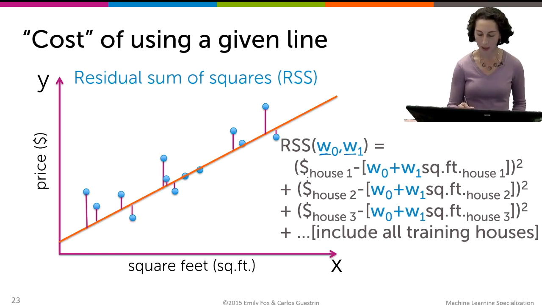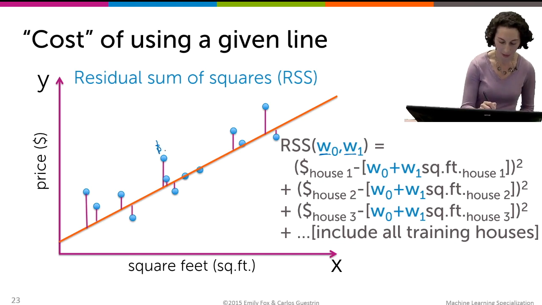And what I'm doing is I'm adding up the difference between the specific house sales price of a given house and what my line specifies it as. And what does the line specify the price to be? Well, it specifies it as W0 plus W1 times however many square feet this house had.